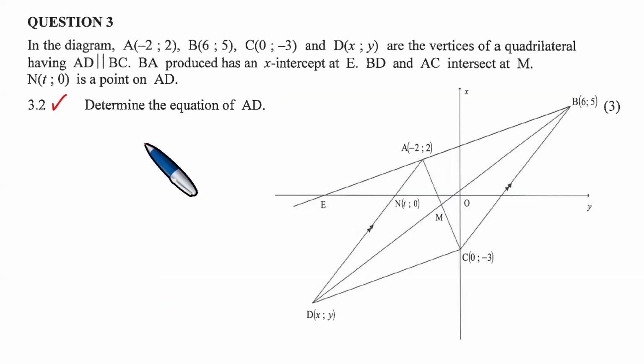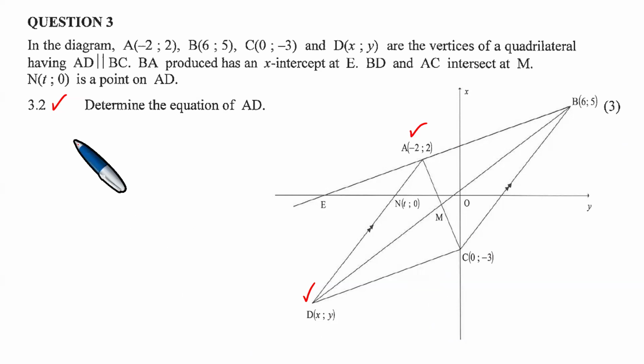Now you need to determine the equation of AD. You're interested in finding the equation of AD. To find the equation of AD, first and foremost, we must note that the gradient of AD equals the gradient of BC because these are parallel lines.